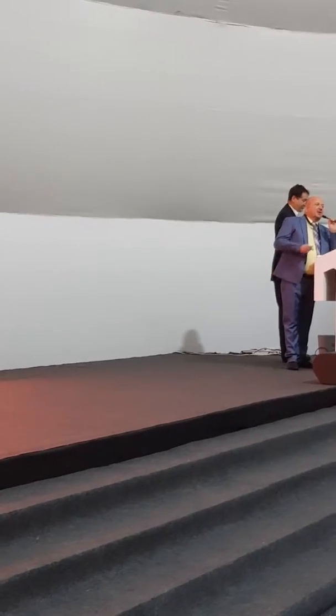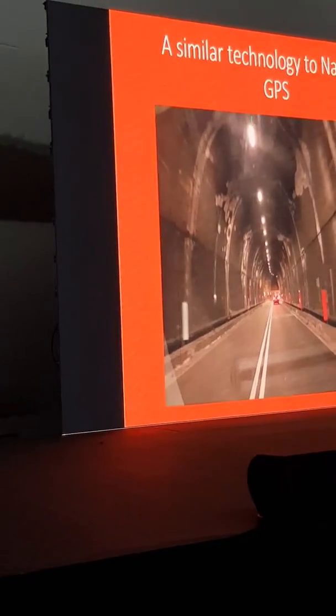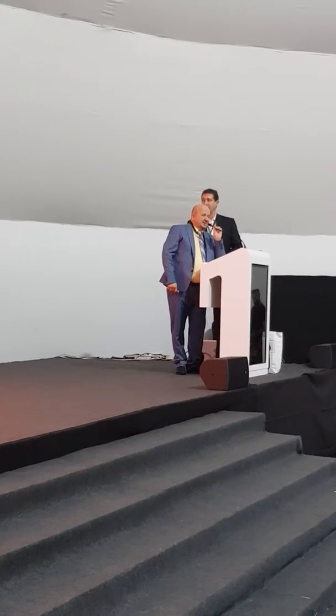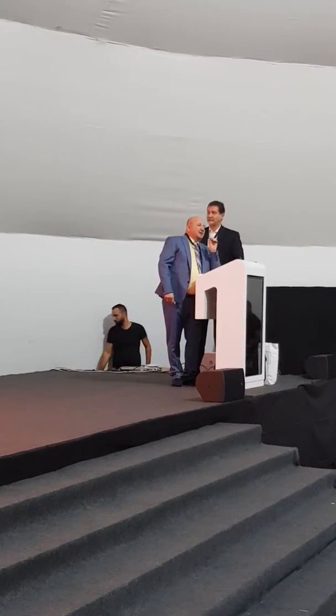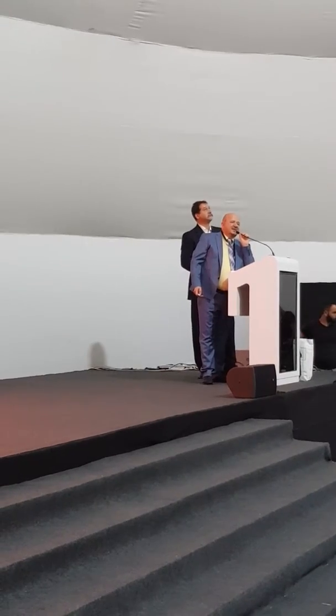By connecting the three in this system, we are able to drive our car safely and avoid a lot of accidents. We now hear that cars will not even need a driver, using the GPS they can drive alone. But here with Navident, we still need a dentist to do the job.